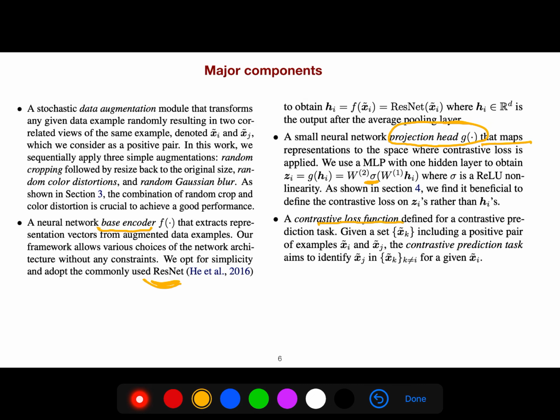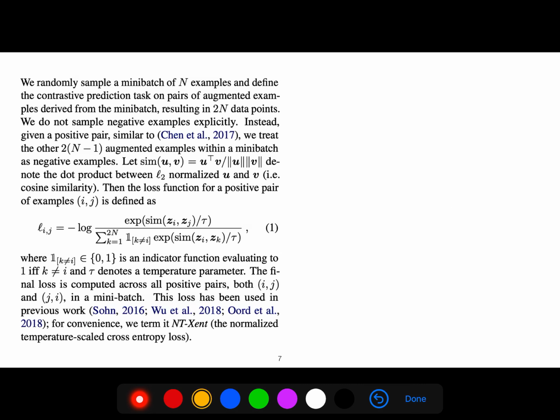So we have a positive pair, which aims to identify x tilde. We randomly sample a mini batch of N examples and define the contrastive prediction task on pairs of augmented examples derived from the mini batch, resulting in 2N data points. We do not sample negative examples explicitly.